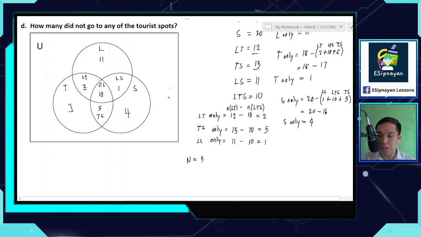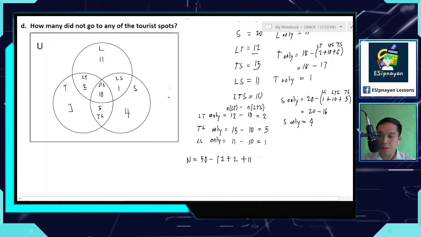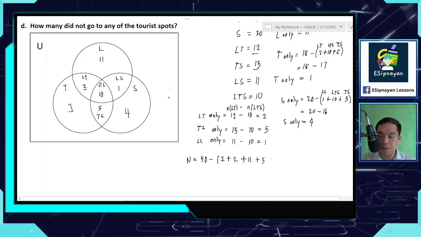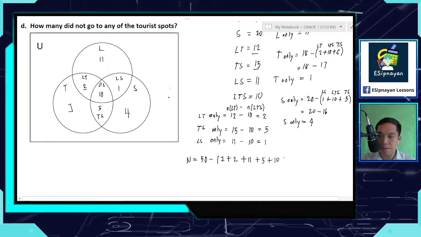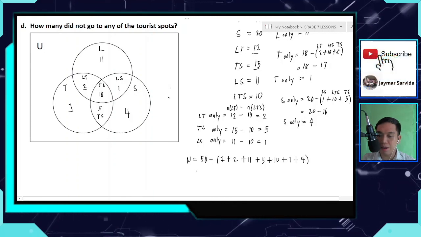So, 50 minus, lahat ito ha, i-add natin, 1 plus 2, okay, 1 plus 2 plus 11 plus 5 plus 10 plus 1 and plus 4. Okay, tsaka natin i-minus sa 50.